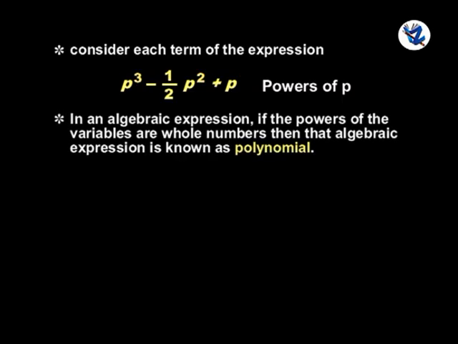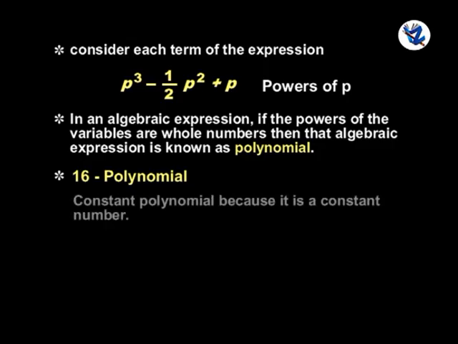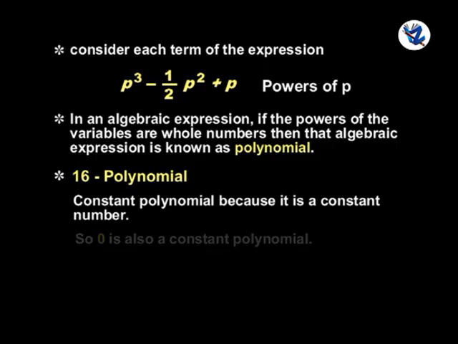In an algebraic expression, if the powers of the variables are whole numbers, then that algebraic expression is known as polynomial. For example, 16 is also a polynomial. It is called a constant polynomial because it is a constant number. So 0 is also a constant polynomial.